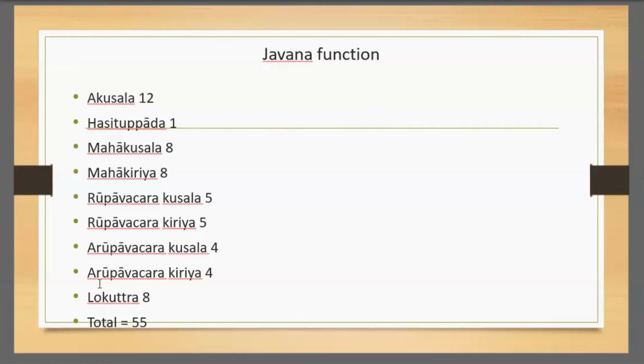I'll repeat: 12 Akusala Chittas, 1 Hasituppada, 8 Mahakusala, 8 Mahakiriya, Rupavachara Kusala 5, Rupavachara Kiriya 5, Arupavachara Kusala 4, Arupavachara Kiriya 4, Lokuttara 8. Altogether, there are 55 Javana Chittas.